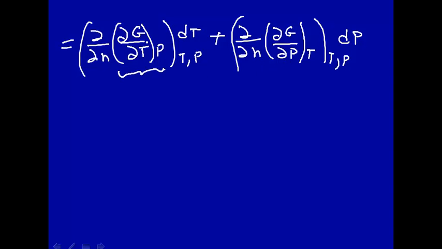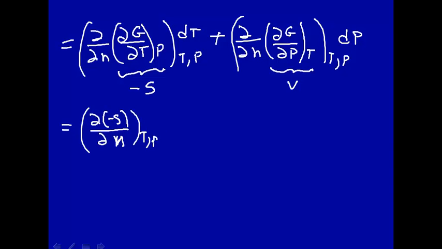Now, how G changes with temperature at constant pressure, remember from a previous lecture, that's minus the entropy. And how G changes with pressure at constant temperature is equal to volume. So we can rewrite this as how minus S changes with number of moles N at constant temperature and pressure times dT plus how volume changes with number of moles at constant temperature and pressure times dp.